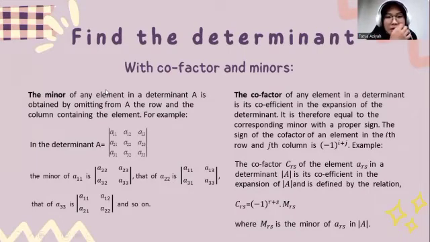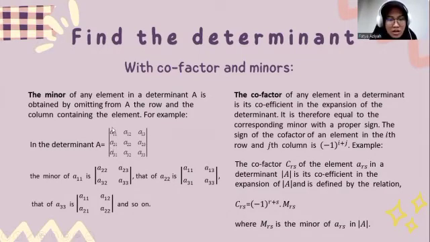And next, to find the determinant, we can use cofactors and minors. The minor of any element in a determinant A is obtained by omitting from A the row and the column containing the element. For example, if we have the determinant of matrix A 3 times 3, then the minor of A row 1, column 1 is like this.